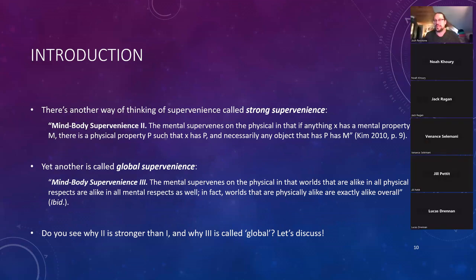So that's the first formulation of the mind-body supervenience thesis. And that's the idea that the mental supervenes on the physical such that wherever there are physical properties, there will be mental properties that supervene on the physical. In fact, that's what we start to get in this formulation of the supervenience thesis called the strong supervenience thesis.